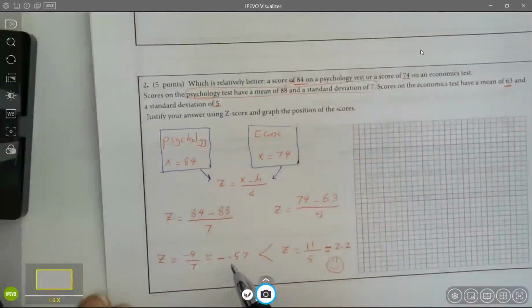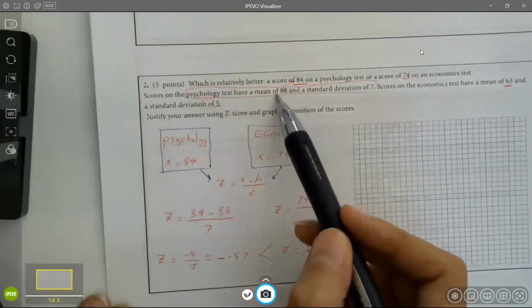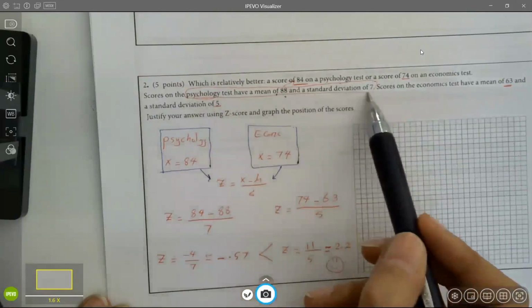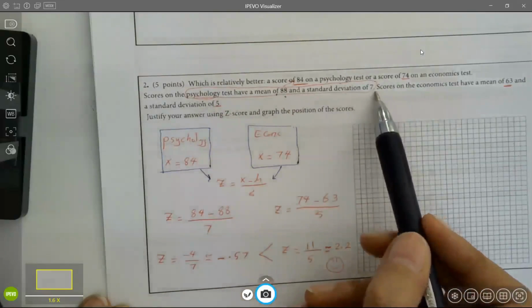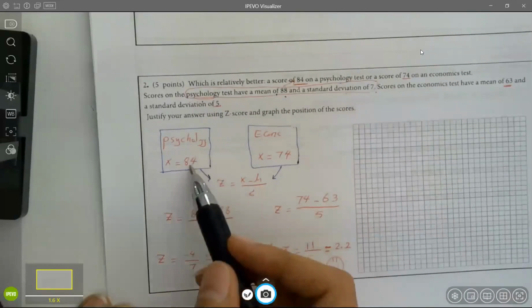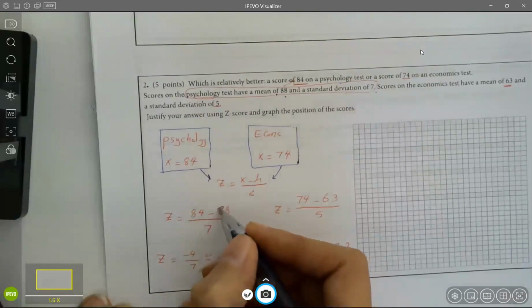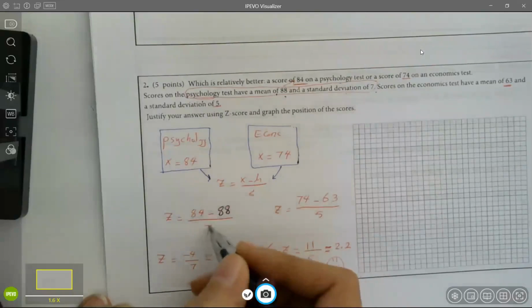And find the z value, then we can say that, hey, which one is relatively better? In psychology, the mean is 88, standard deviation is 7. So x minus mean divided by standard deviation, x is 84, mean is 88, and standard deviation is 7.